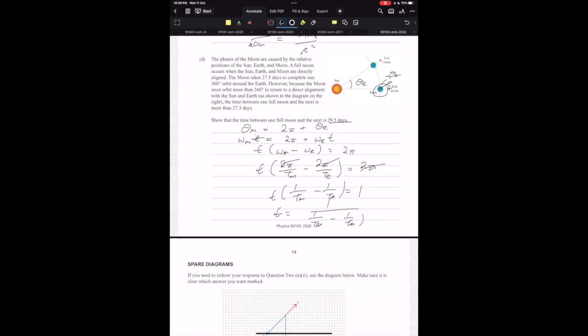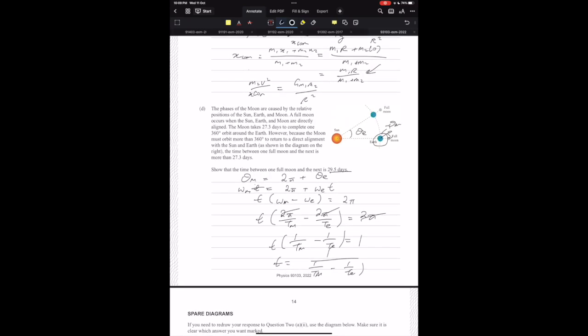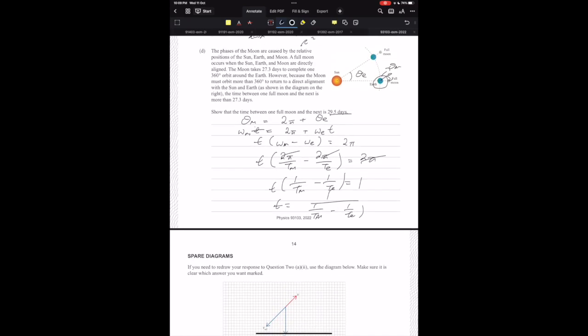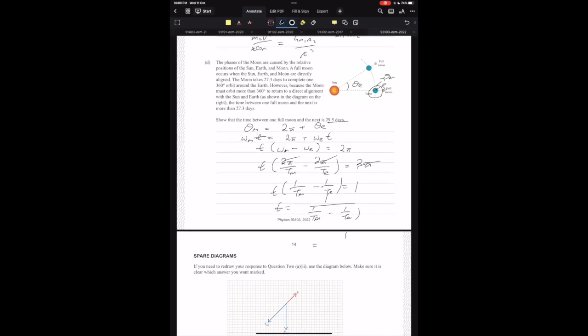We know Tm is the time it takes for the moon to orbit just once, so 27.3. And Te is the time it takes for the Earth to orbit the Sun just once, and that is 365.25. And so if we put this into our calculator, 1 divided by 27.3 minus 1 divided by 365.25, we get 29.5 days, as they expected us to.